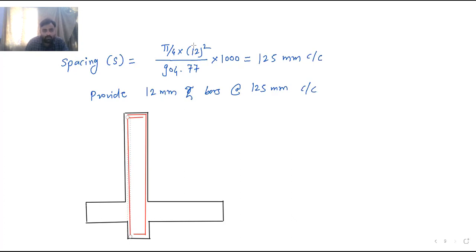From this point, it will again bend into the shear key. This is the main steel of the stem. For the main steel, I'm not remembering what design we have done, but 12 bars. What was the spacing for the main steel?